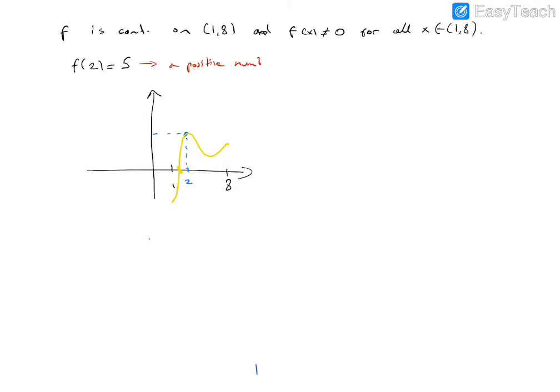Or here, if your graph starts like this one and goes to a negative value somewhere here, again it has a 0. Or in another case, start here and you pass to that point and go down and go up again, you have two zeros here. The function is 0. But we know that f of x is not 0 here. So it is not possible to take a negative value.